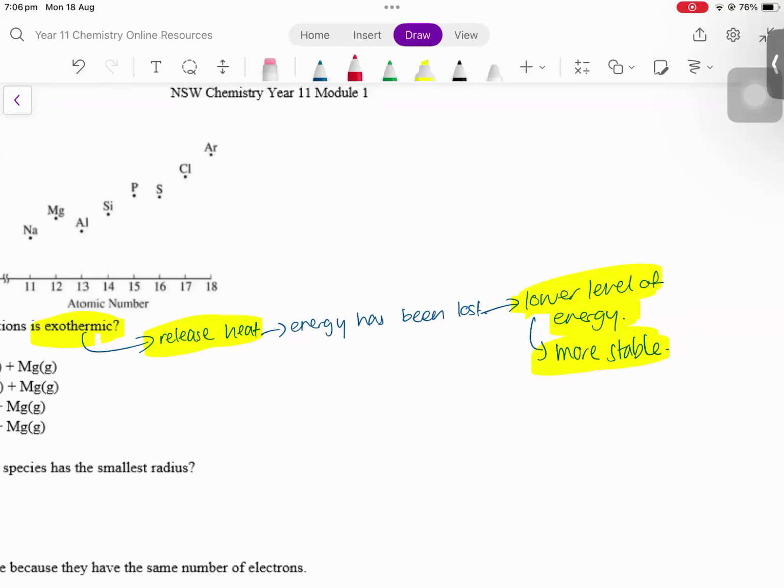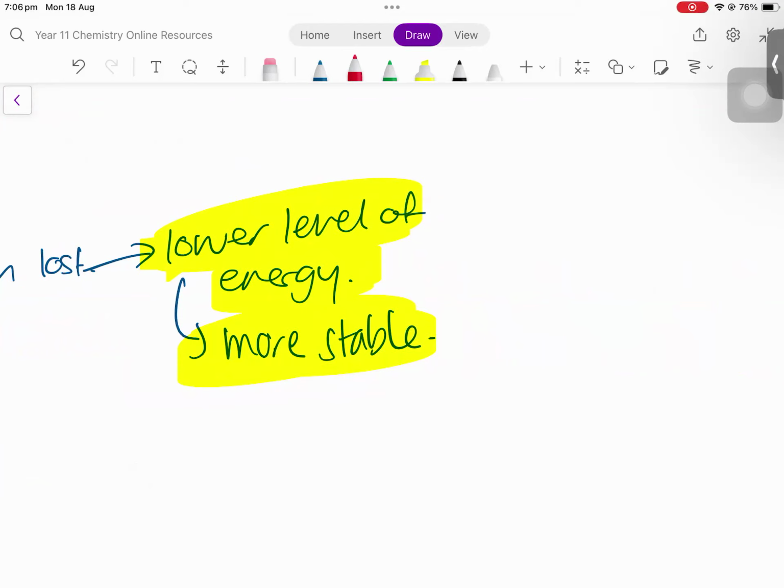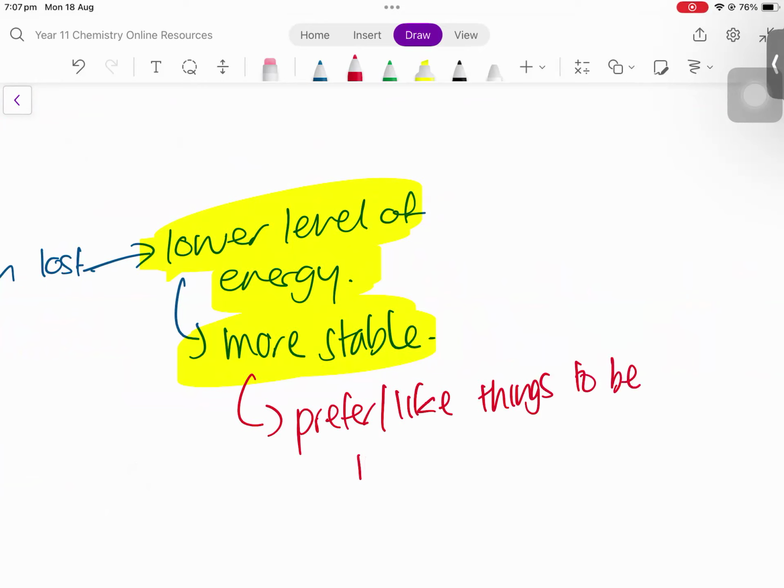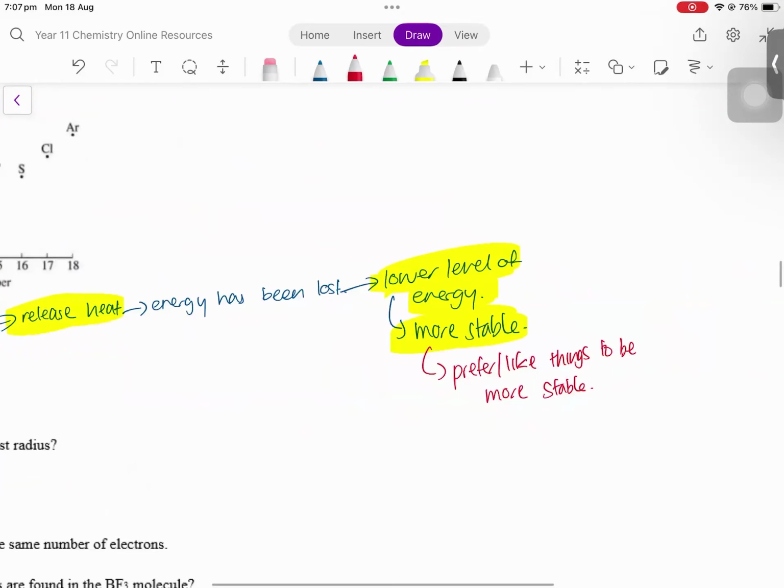Do we like or do we not like more stable? We like more stable. Okay. We prefer or we like things to be more stable. Now next question is this.